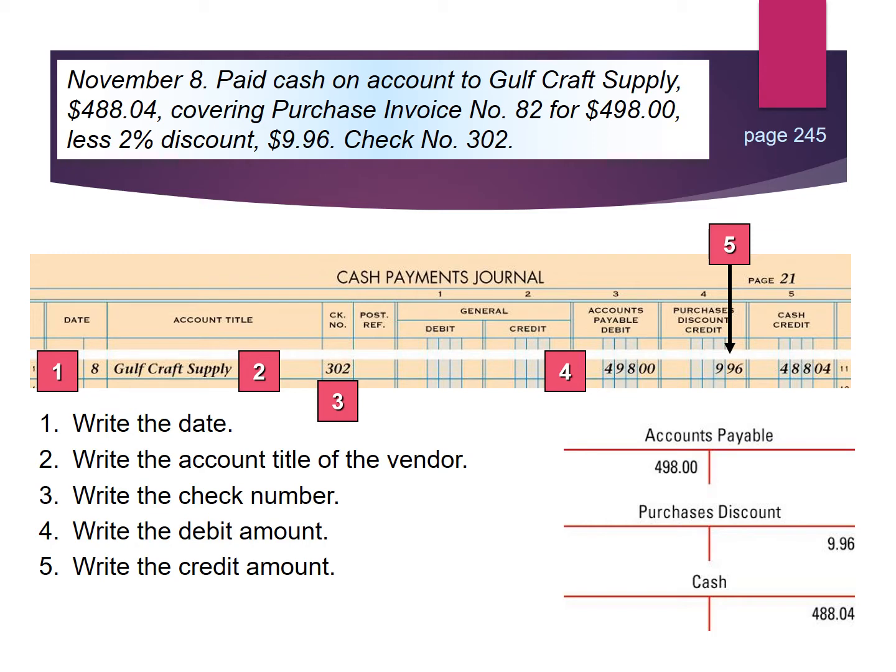Do we have a specialty column for cash credit? Yes. So we will write the credit amount of $488.04. If we add up column 5 and column 6, the total of our two credits should equal the total of column 3 debit.